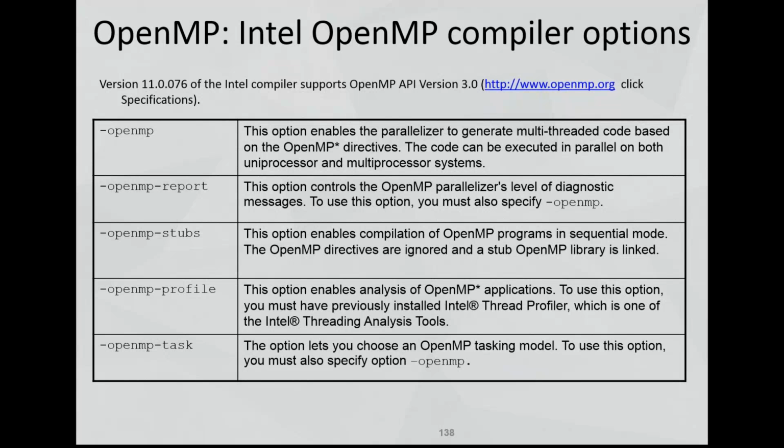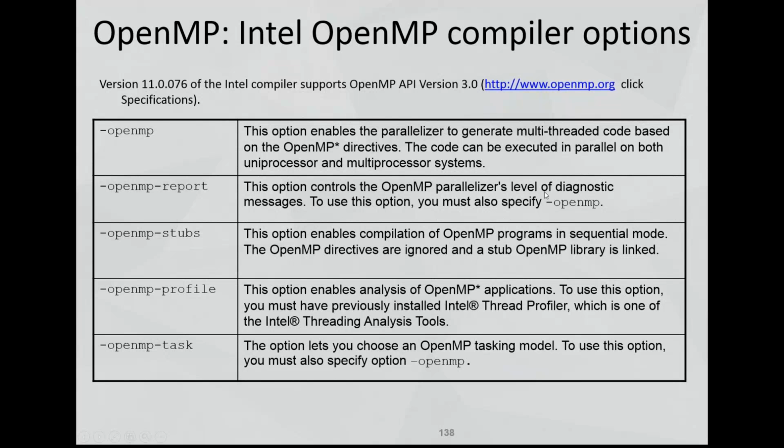You can also adversely affect performance if you use OpenMP profile incorrectly. The additional profiling and error checking that is invoked with that can, well, basically stuff up how your threading works, and you need to be careful when you're using the OpenMP directives manually.